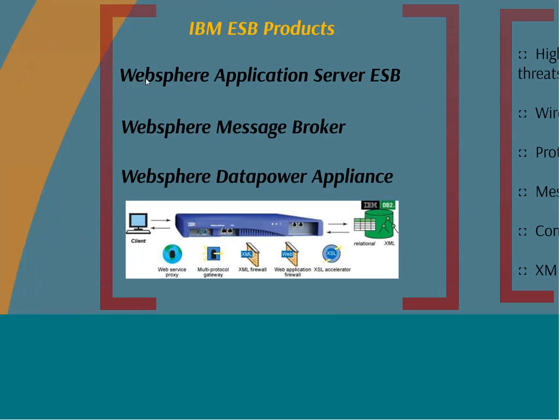If you go to the WebSphere Application Server ESB, you will find that it provides some functionality of the ESB, but not more. Then you go to the WebSphere Message Broker. It provides some more functionality compared to WAS ESB. And the top level product in this whole system is WebSphere DataPower Appliance, which I have shown in the figure below.